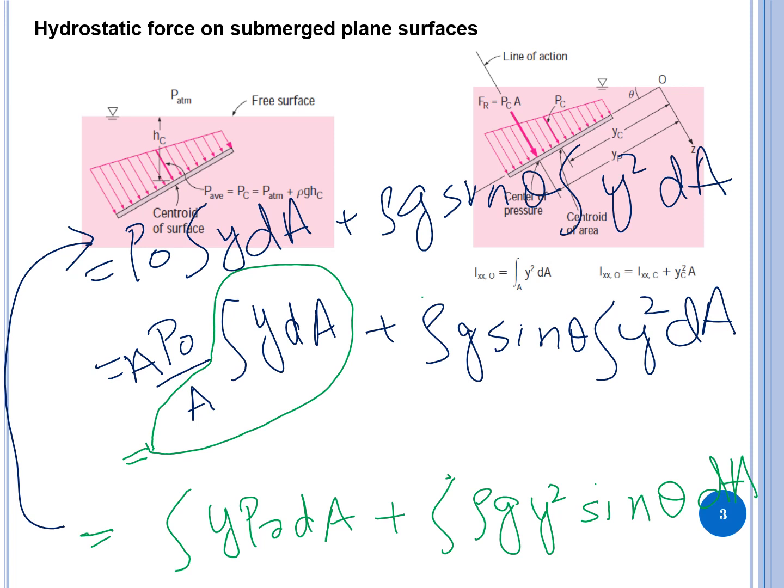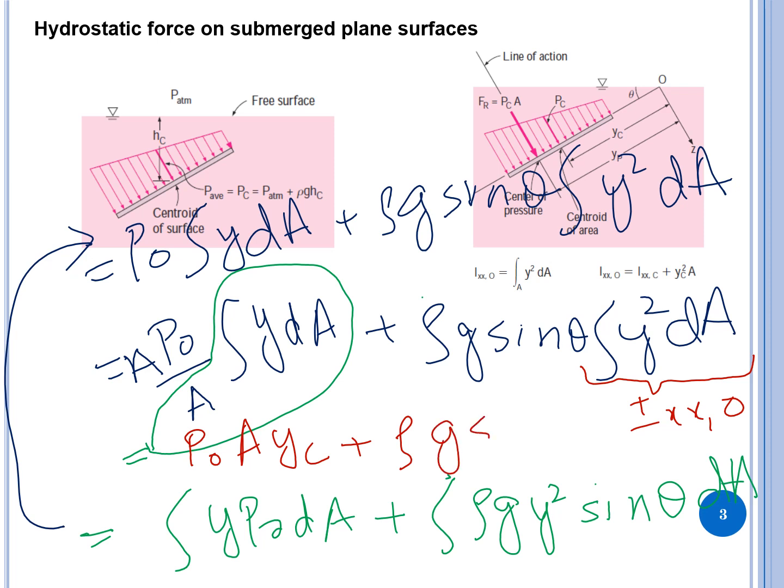So it is going to be P naught A yc plus, this part here is known as the second moment of area about the origin. So it is going to be rho g sine theta Ixx,o.